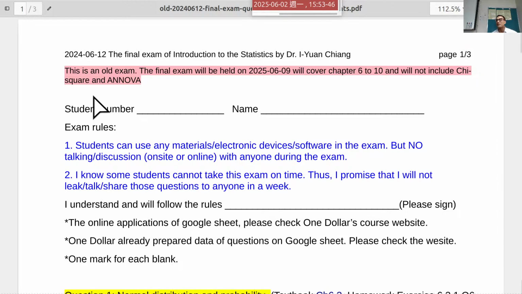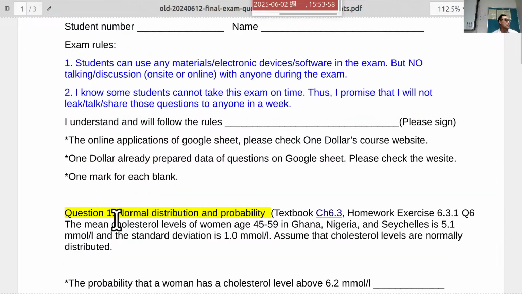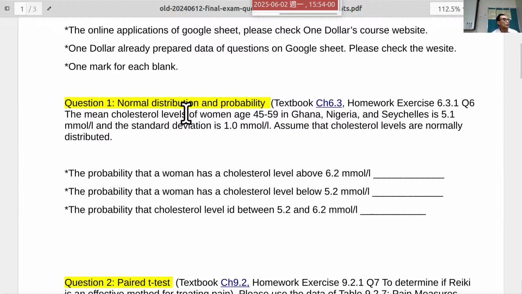Personally, ANOVA is a very hard concept to understand, and chi-square is also a very hard concept. Okay, we can have a quick look at this one. Question 1, normal distribution and probability. That's about textbook 6.3.